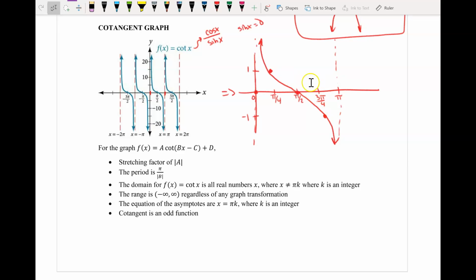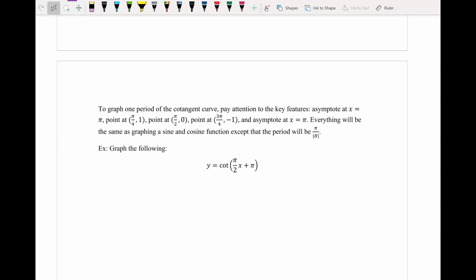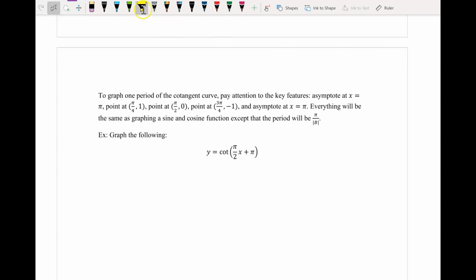All right, so let's just go ahead and jump to the case. It's actually not that bad to graph this guy because now everything's back at 0. When something starts at 0, it's super nice to work with the phase shift and the period change. So same thing as before. Something to pay attention to is the key features.